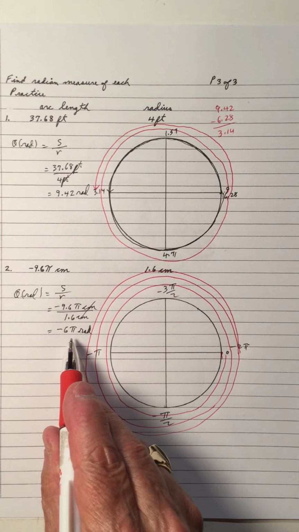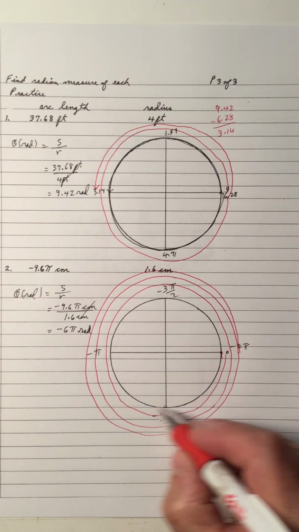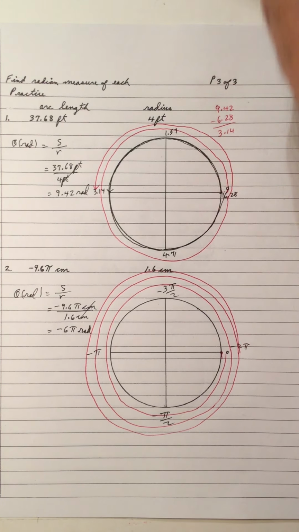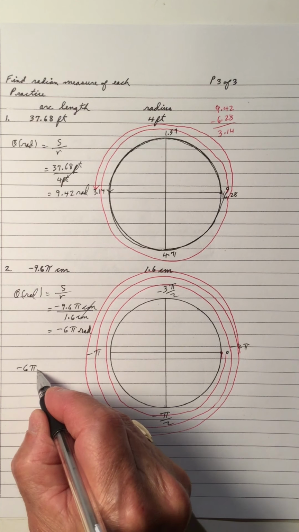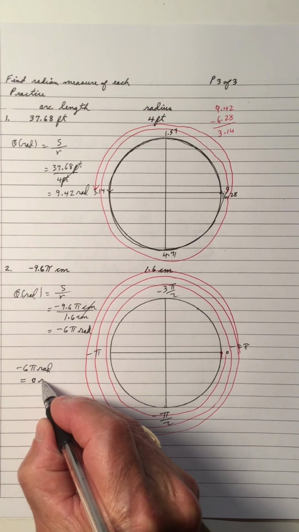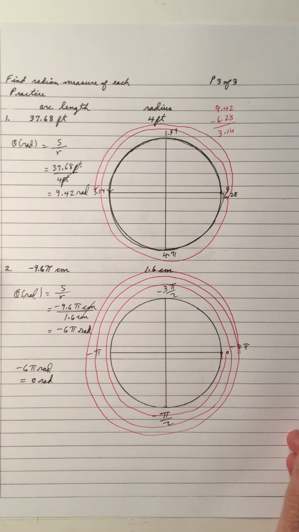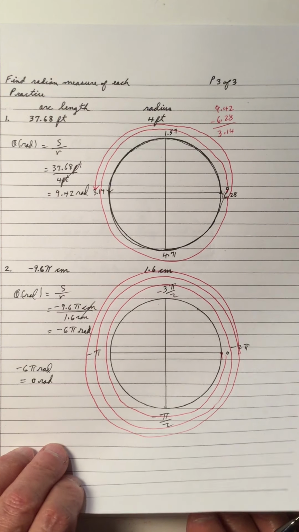So a negative 6 pi radians is right there. A negative 6 pi radians is the same as 0 radians, the same as if you didn't rotate at all. So that's a radian when there's more than one revolution.